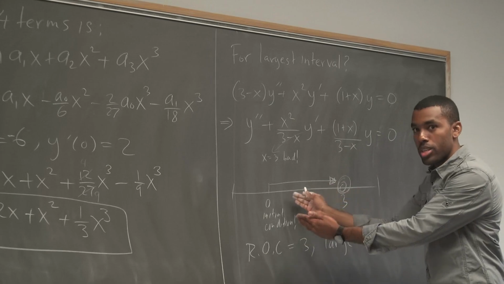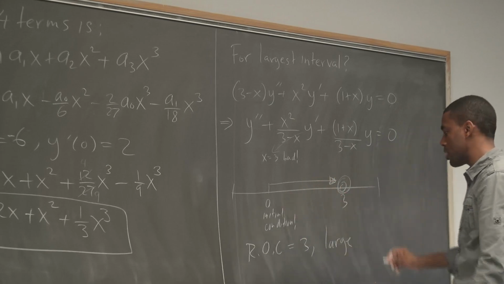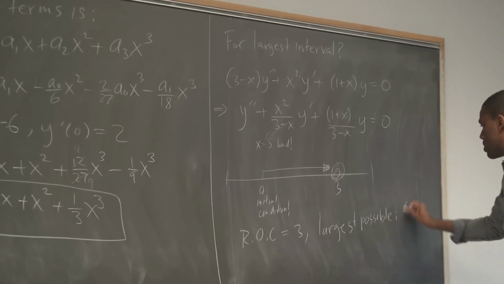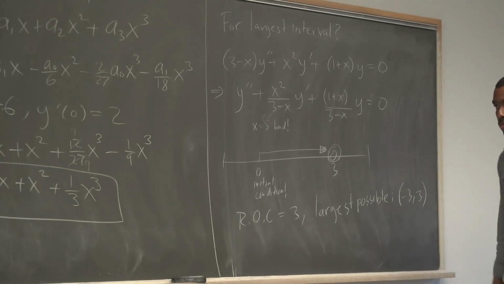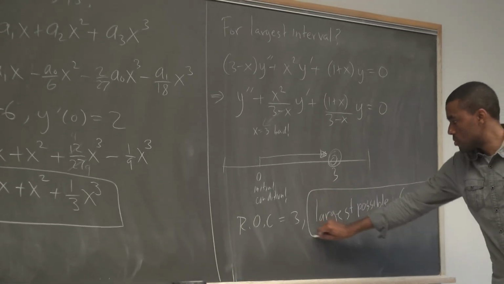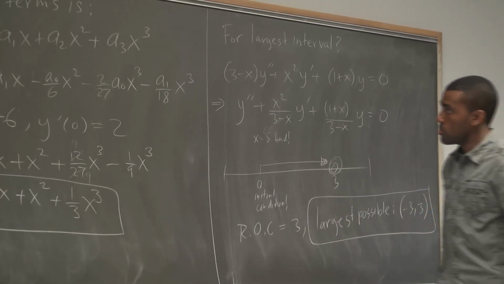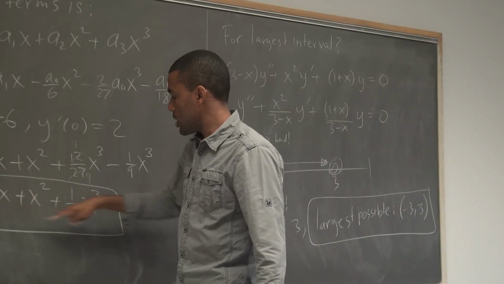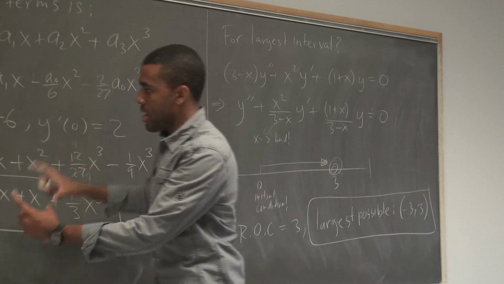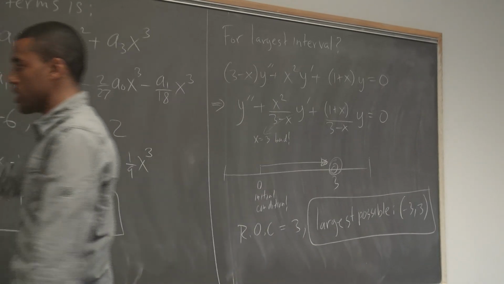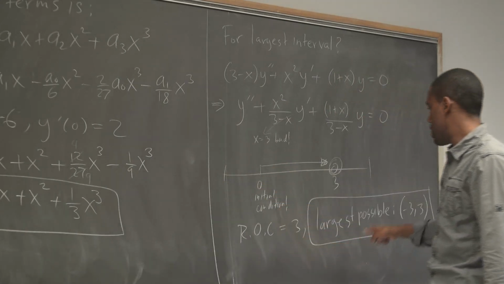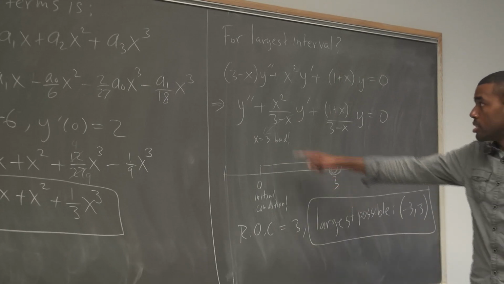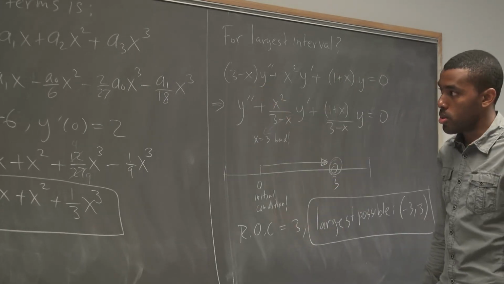We could actually have to converge on a smaller one, but the largest possible one would be from -3 up to 3. If we could somehow find the general term of this series, find an and make this a really nice formula, we could do the ratio test and come up with a tighter interval. But here, as far as we're concerned, the largest possible one is determined by what this is in standard form.